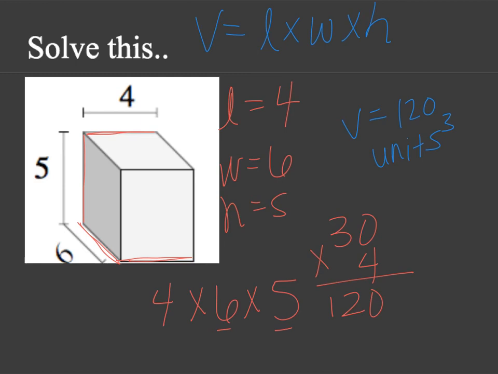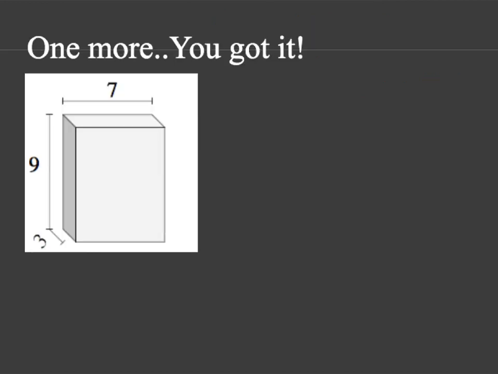How did you do? Did you get that one right? All right, and one more. Go ahead and pause the video and practice this on your own. Hopefully you're getting the hang of this. Okay, hopefully you pause the video here. We know that our length equals 7, our width is 3, and our height is 9.